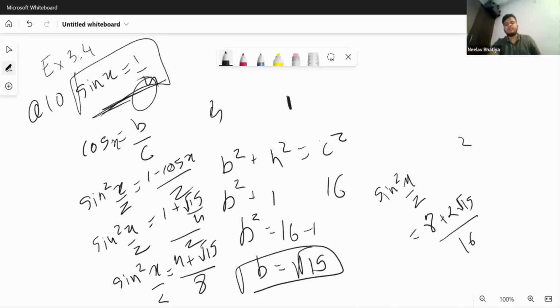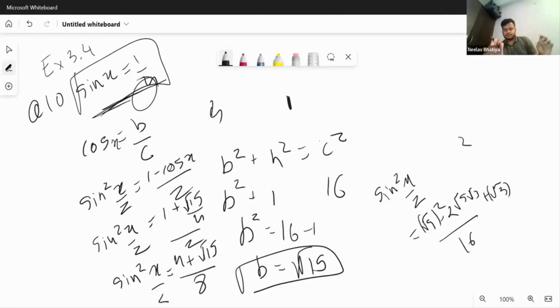I have done nothing but multiplied the denominator and numerator with 2. Can you write this 8 as being equal to root 5 square plus root 3 square, and this root 15 then becomes root 5 into root 3.